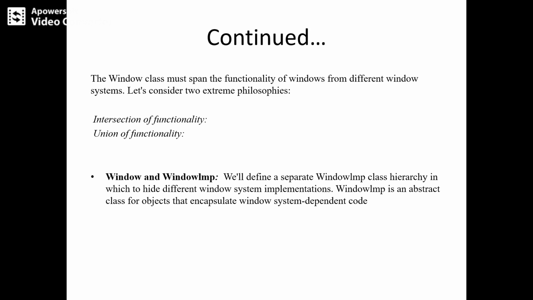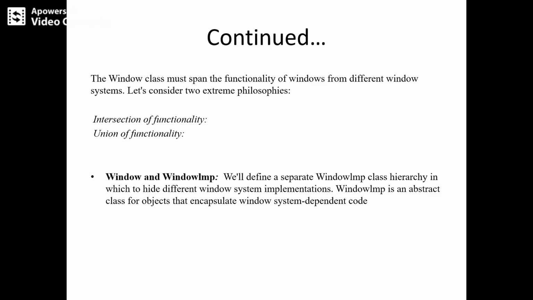The problem with this approach is that our window interface winds up being only as powerful as the least capable window system. We cannot take advantage of more advanced features even if most window systems support them, but not all.